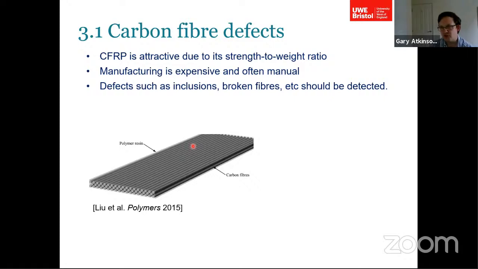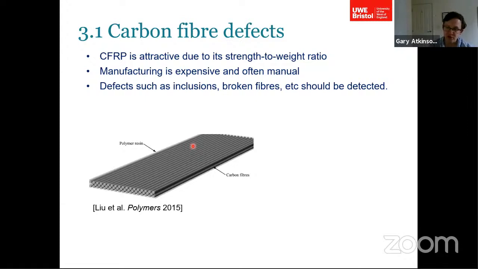The main advantage, of course, is that it's got a very attractive strength to weight ratio. But the manufacturing process is quite complicated and quite expensive, and it still involves a lot of manual layout processes. There's a lot of work towards automated tape layout and things like that, but still a lot of manual layout.